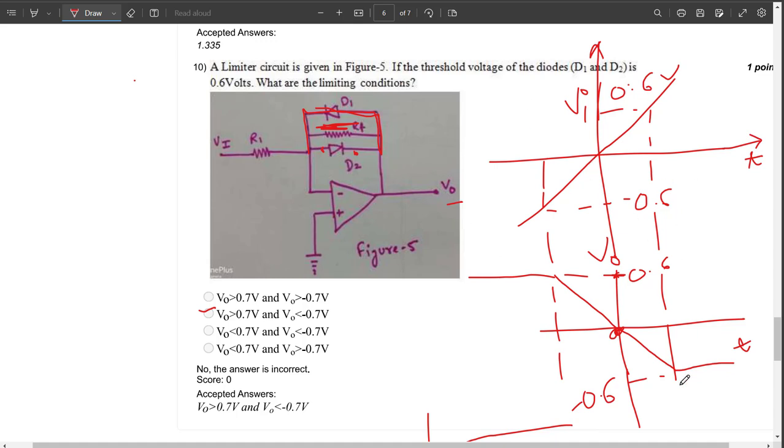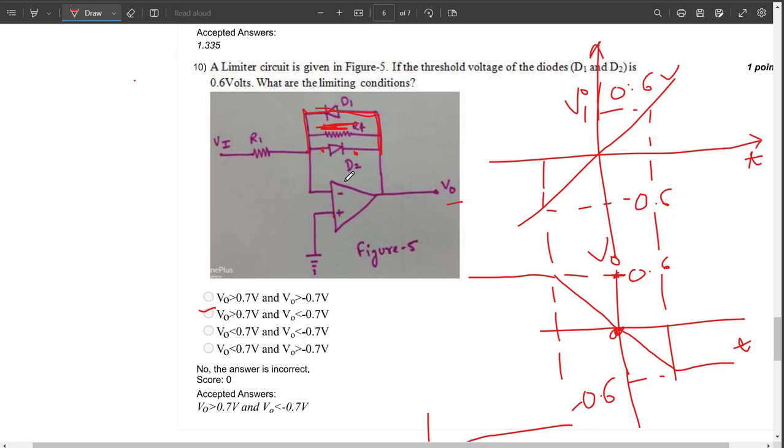So, understood from the curve what is happening. One thing is, it is getting inverted. Another thing is, whenever threshold is achieved, after threshold, one of the diodes starts conducting and another diode is reverse biased.